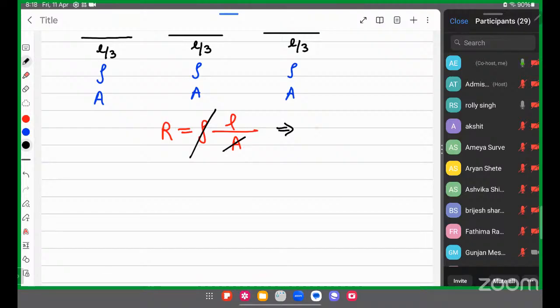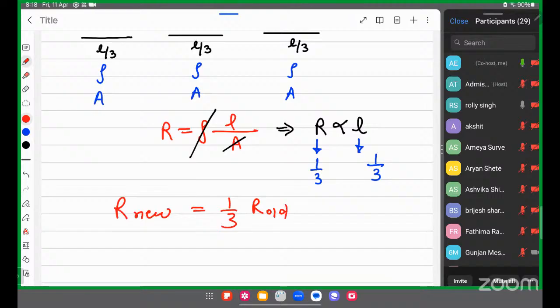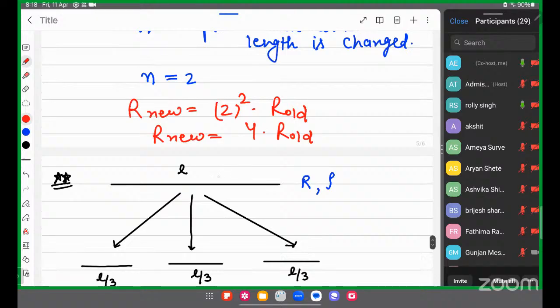So we simply have a relation between R and L, which is R directly proportional to L, which indicates that whatever change will be in length, the same change will be in R. If I am changing length by a 1/3 factor, R will also change by a 1/3 factor, which indicates R new of the 3 individual pieces will be 1/3 of R old.